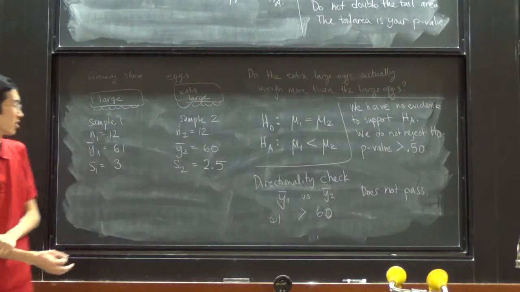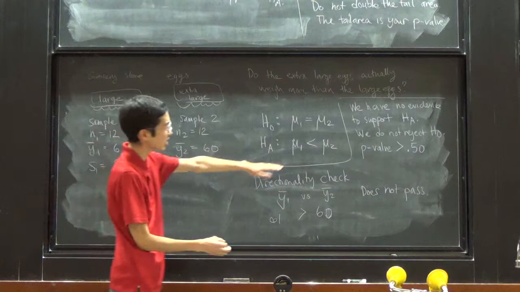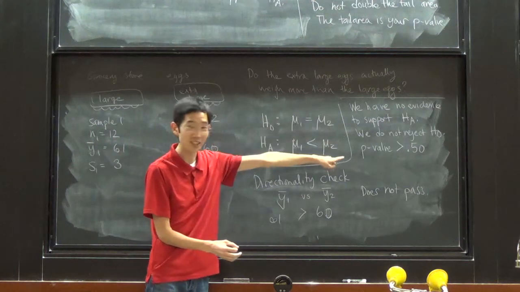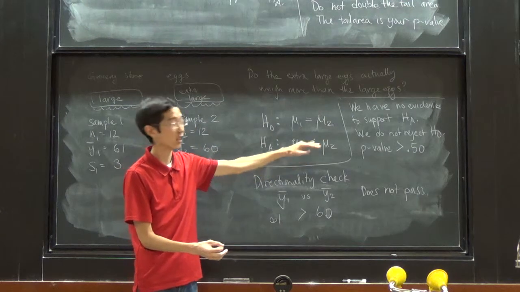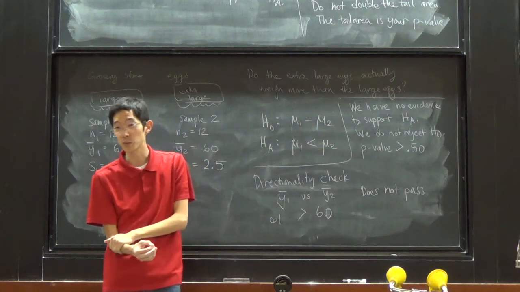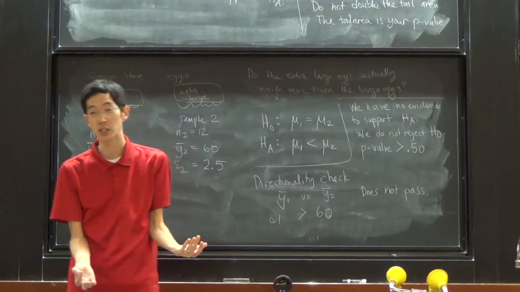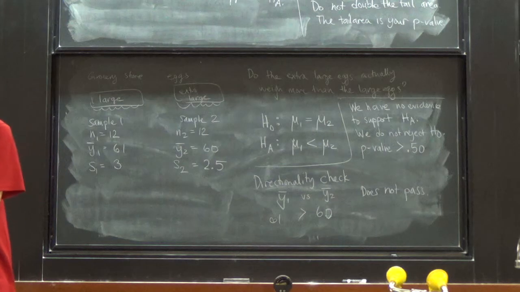So our p-value is larger than 50%. Okay? But basically, if you fail your directionality check, all of these things are going to hold true. You're going to have no evidence to support the alternative. You do not reject the null hypothesis, and your p-value is going to be over 50% if you fail the directionality check. Is that okay?